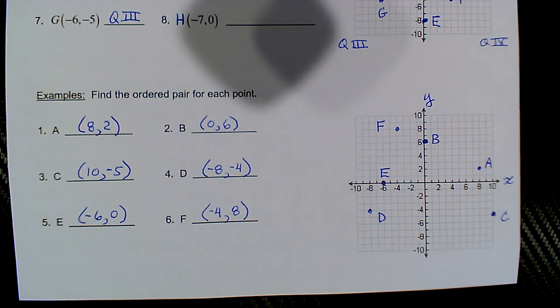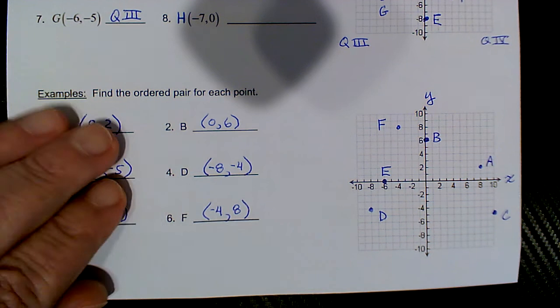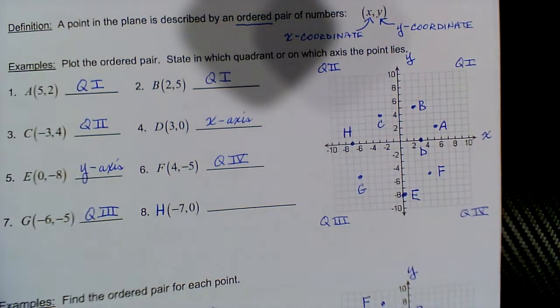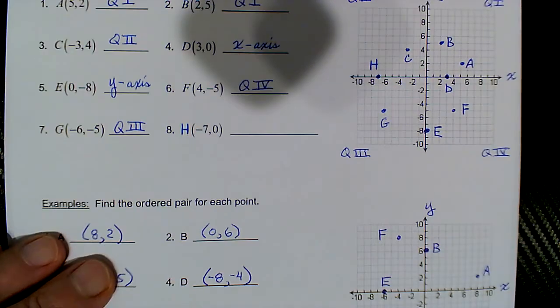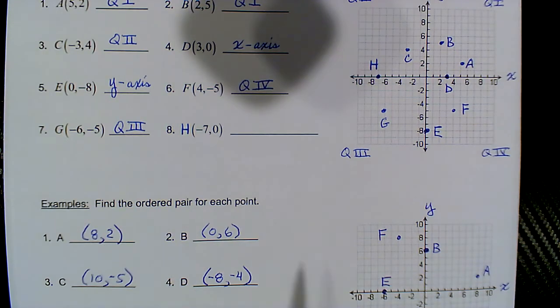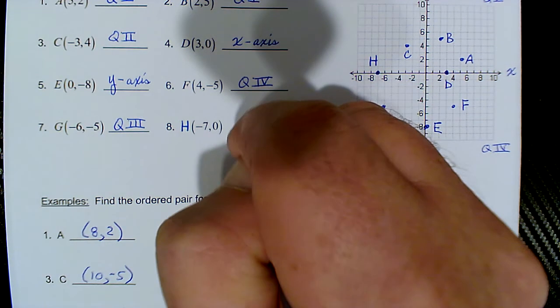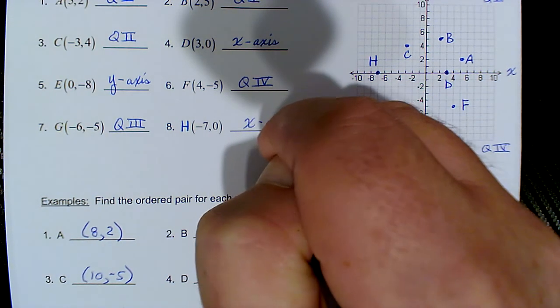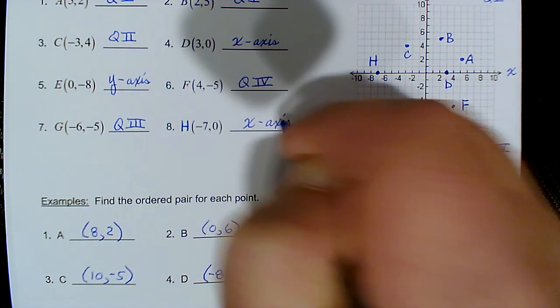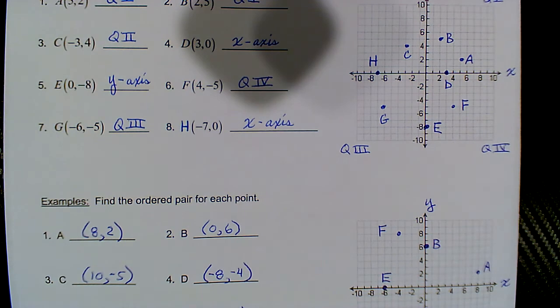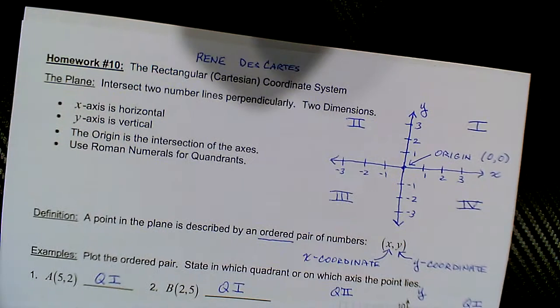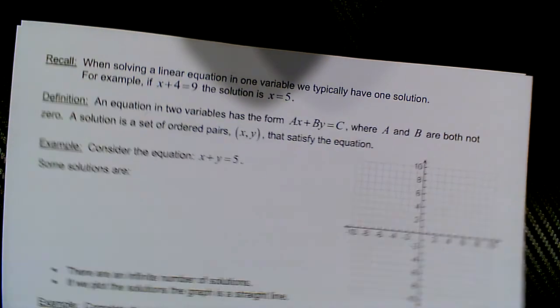Okay, so we have to be proficient at both plotting points and identifying the points. Oops, looks like I forgot letter H. I got so excited. That's on the x-axis. I forgot to fill that in here. But I forgot to fill it in. Okay, so the next page.